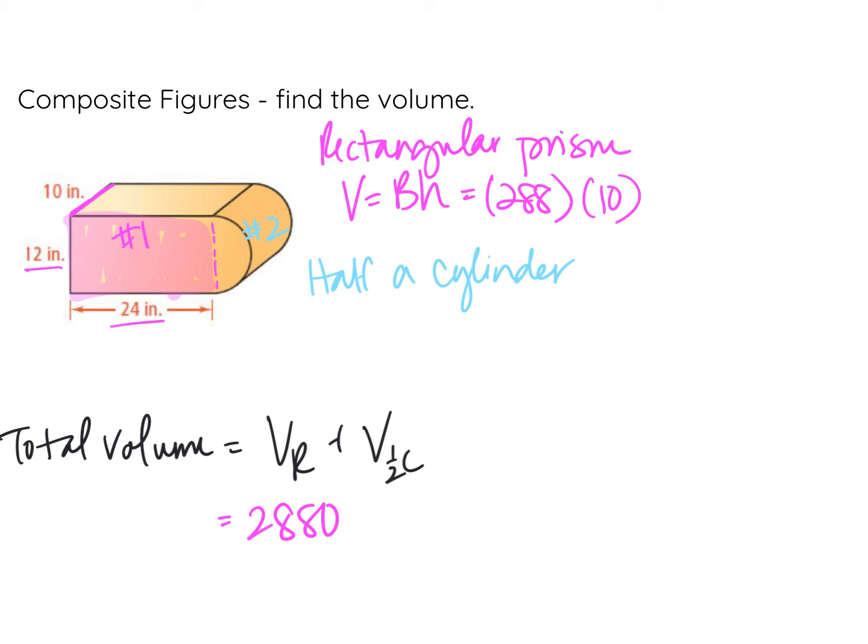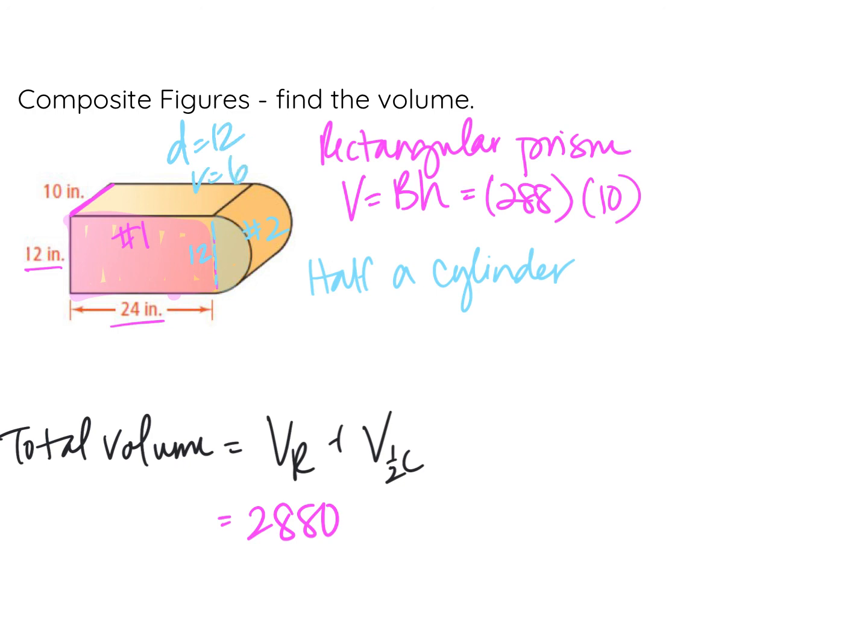Okay, now I look at the cylinder, right? So this is the circular base. Imagine that it went all the way around, but we know we have this distance, right, where I cut it off, which is the diameter. Okay, that's 12, because it's going to be the same as that side over there. So the radius then, if the diameter is 12, is just half of that.